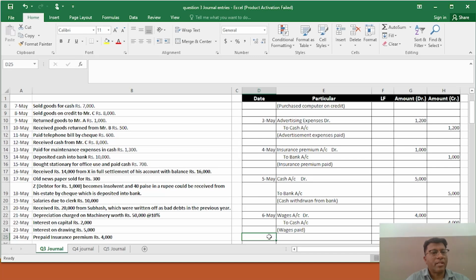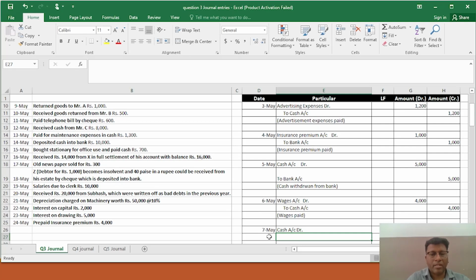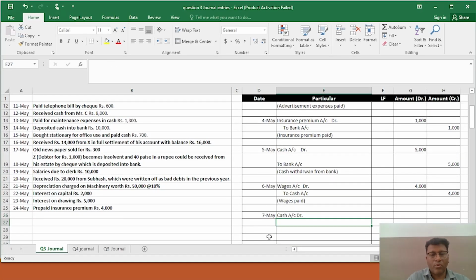And we come to the next transaction, that is 7th May, sold goods for cash. May 7, it means cash account debit because cash comes in, right? And that was the transaction: goods sold, right? Again we read it. Sold goods for cash rupees 7,000. So you have to mention to sales account and the amount, and two times you have to write the amount, on the debit side and on the credit side, right?